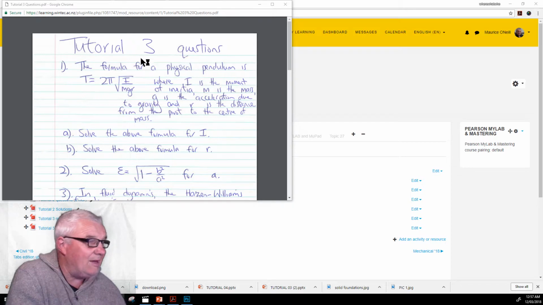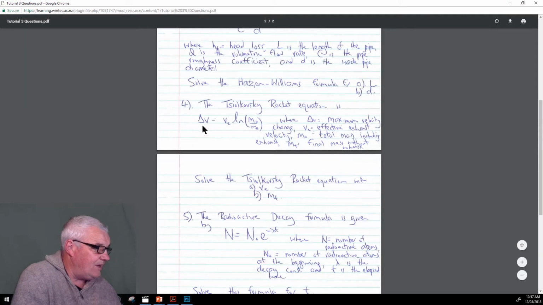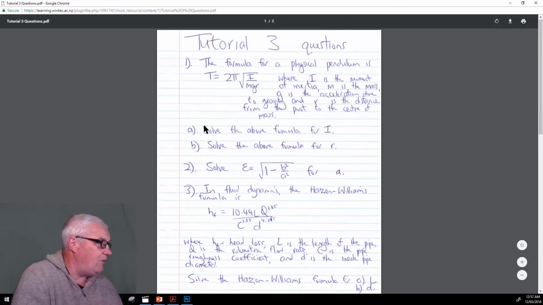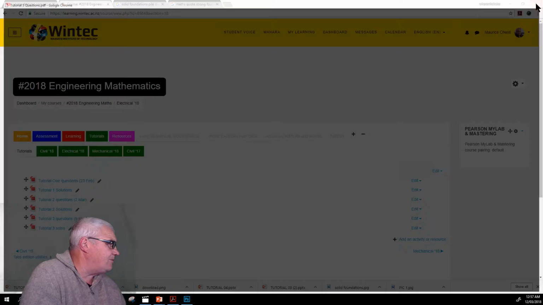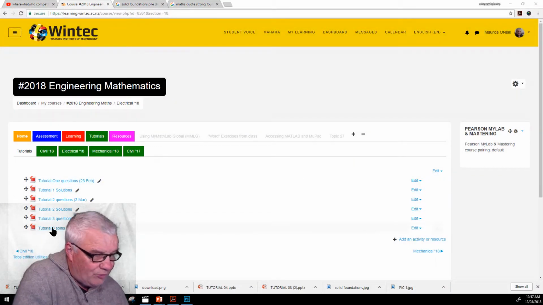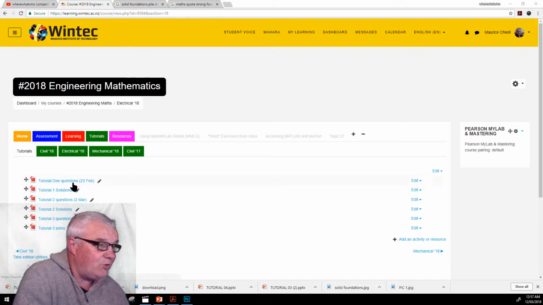So we will be using those a bit later on, working our way through that in our help with worksheet 3. They are there with solutions too, as are the previous worksheets. So that's all well and good.